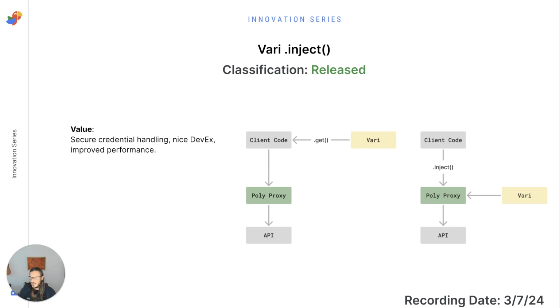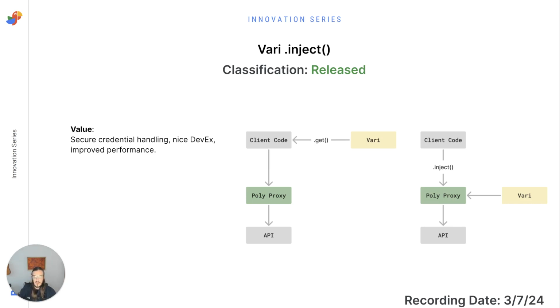The key benefits are, like I said, good practice on secure credential handling. With the .inject, the client never actually has possession of the credentials, so even if it's compromised, yes, that attacker could use that function and pass in that variable, but they couldn't access the actual underlying token.